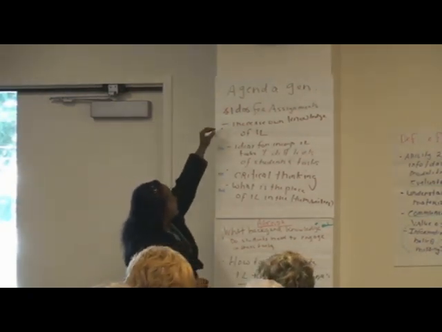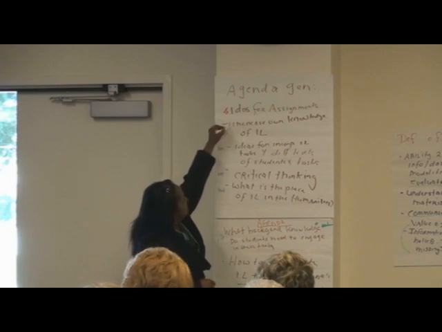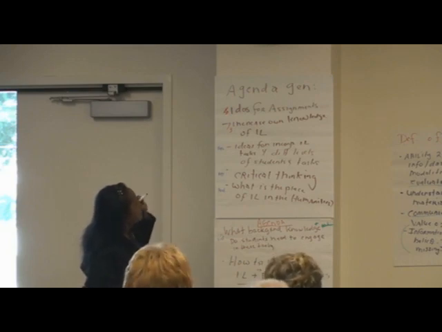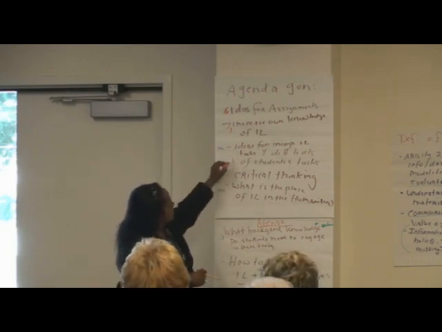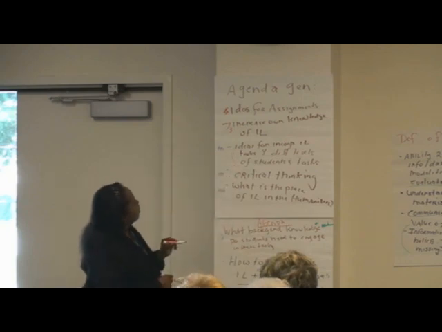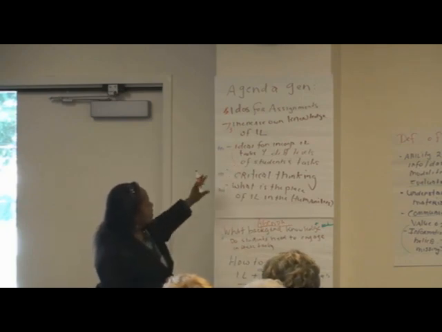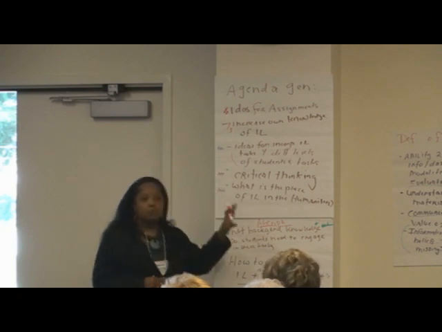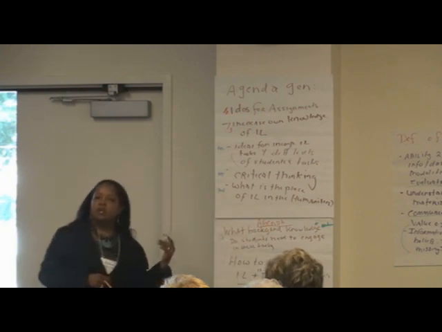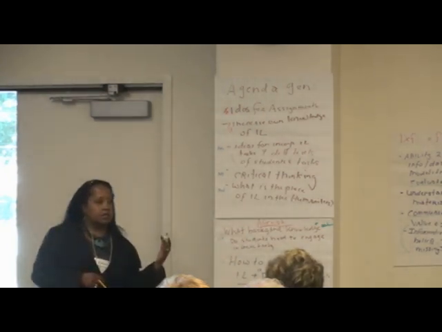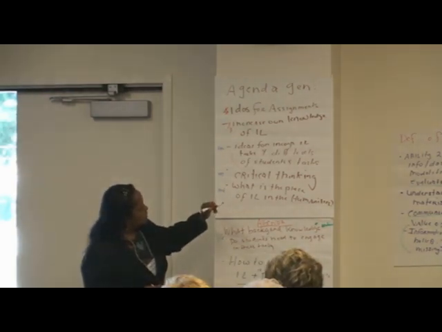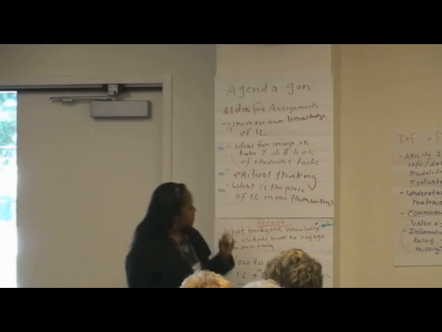This is an ongoing thing, but I think we've at least touched upon it in terms of increasing your own knowledge, and it was about the definition. This one about the different levels of tasks, we haven't quite done yet. We talked about critical thinking, the place of it in humanities. I think when we do the assignment on quick writes, that might surface a bit more with the critical thinking piece.